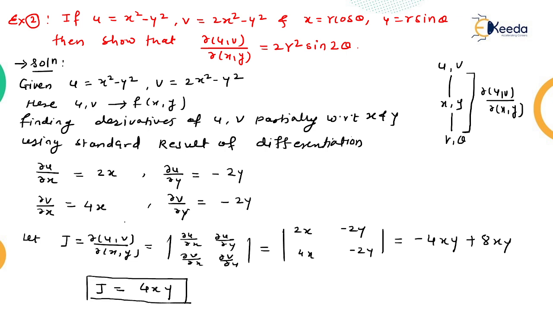Now let's see. Let the Jacobian of (u,v) with respect to (x,y) be what I have obtained here, that is 4xy. Let's label this as equation number 1.